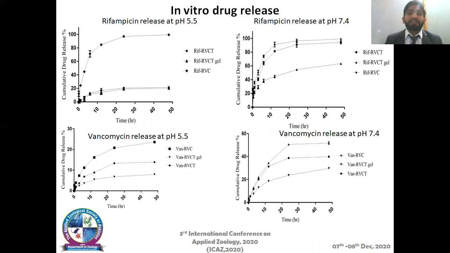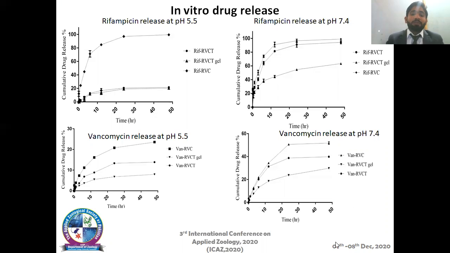Then comes the in vitro drug release. I have performed the in vitro drug release at two pH values, 5.5, which is the pH of the skin, and 7.4, which is the physiological pH. Rifampicin release can be seen at pH 5.5 and 7.4, and it is seen that drug release is much slower from RVCT gel and RVCT as compared to the rifampicin and vancomycin co-loaded solution. The initial burst release is due to the unentrapped rifampicin in the outer layer.